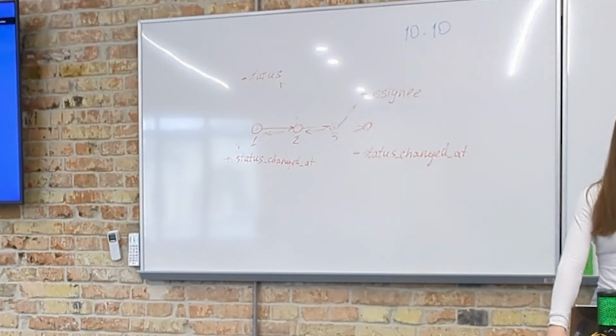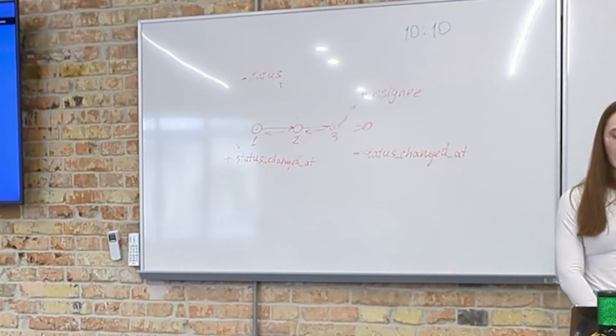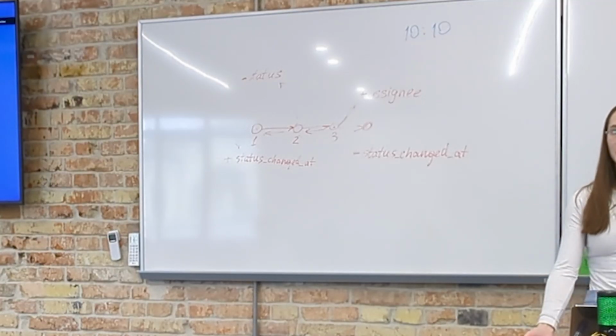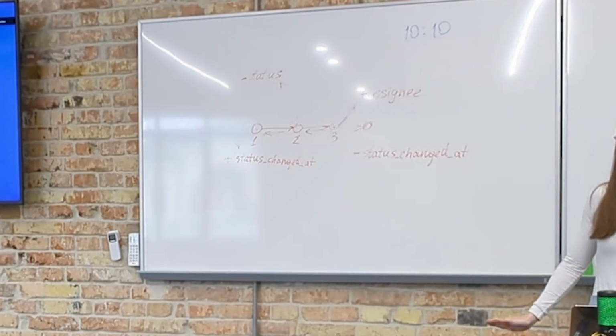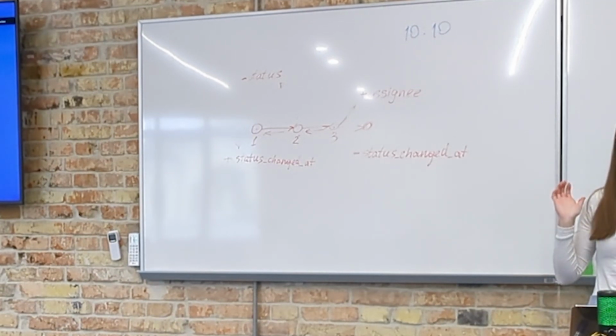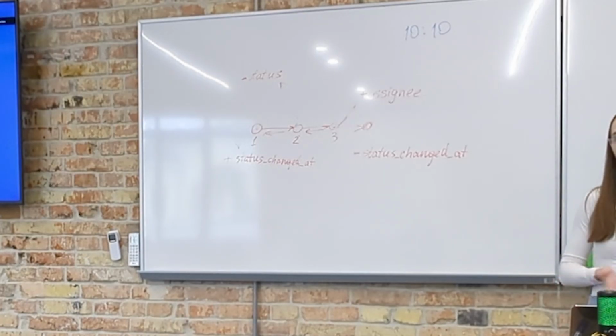So here is also an interesting thing. We have a default and we have a server default. A default is handled fully in Python. And if you use your database without Python, there will never be a default there. So if you are just running a raw insert query, it will not know about any defaults.